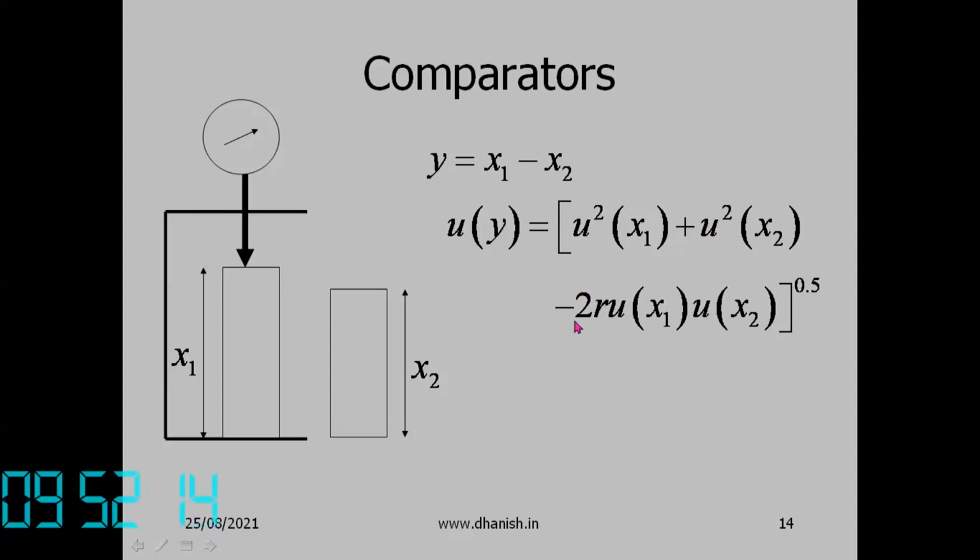Suppose they are perfectly correlated, then this will be equal to a square plus b square minus 2ab. So a minus b, when you take square root, it becomes a minus b. So uncertainty y is equal to uncertainty of x1 minus uncertainty of x2 when there is perfect correlation.